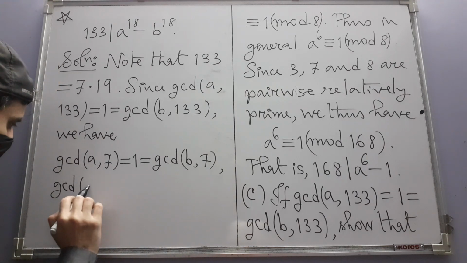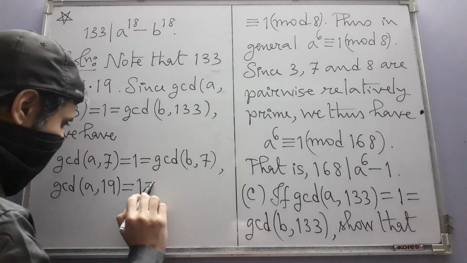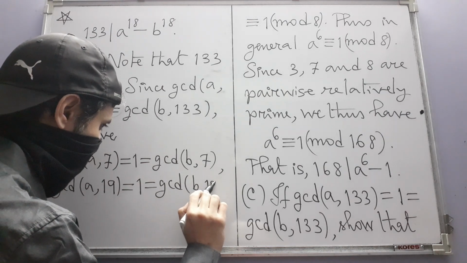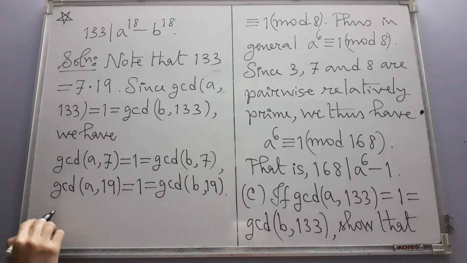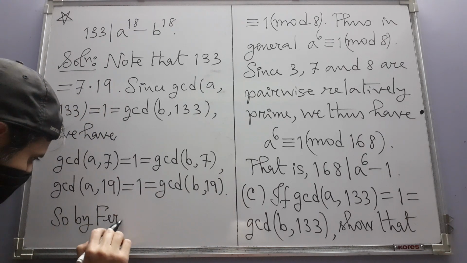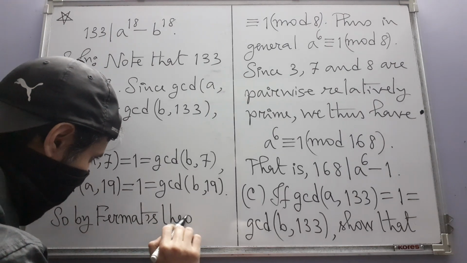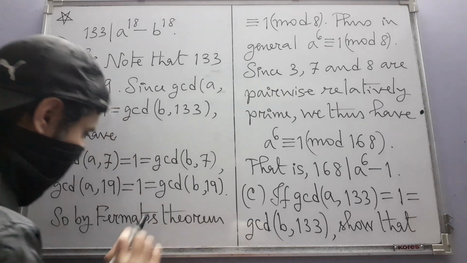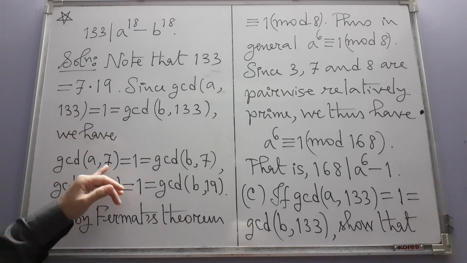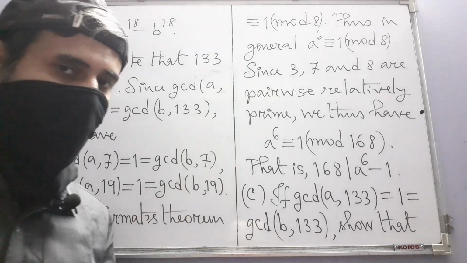Similarly, A and 19 are relatively prime, and so are B and 19. So by Fermat's theorem, we are going to apply Fermat's theorem with the primes 7 and 19, of course, but to both the numbers A and B.